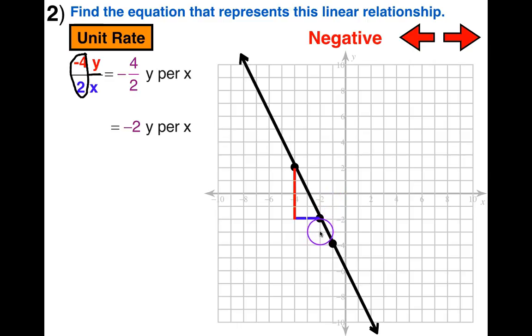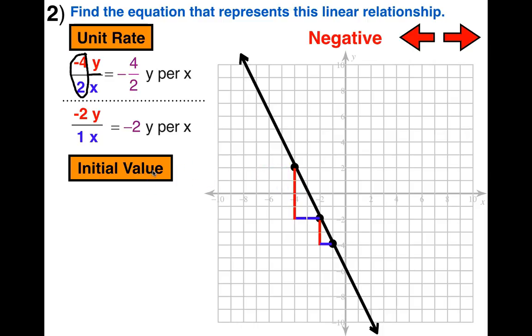So in this case, I'm noticing it's dropping down 1, 2y. So since it's dropping down, it's negative 2y. And then here, it's going over 1x. So I'm going to say negative 2y per 1x. Guess what? Negative 2 over 1 will still reduce to negative 2y per x. So it's the same thing. No matter which 2 points you choose, you're still going to get the same answer.